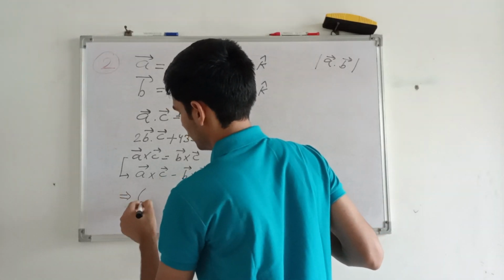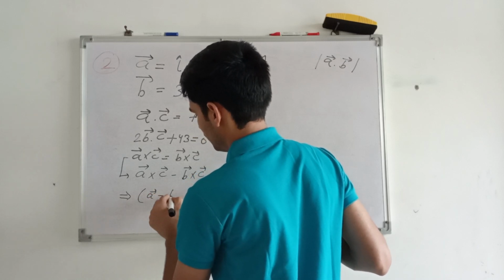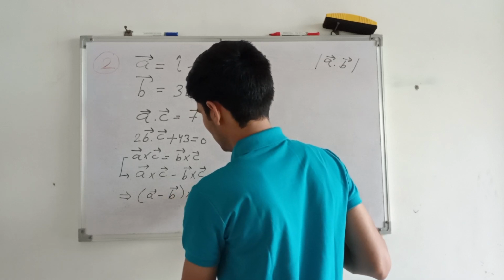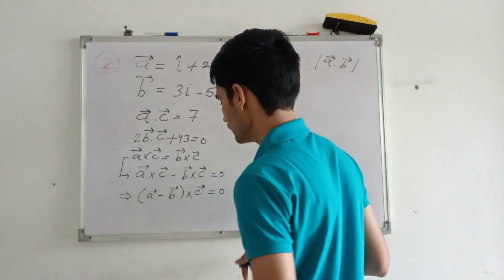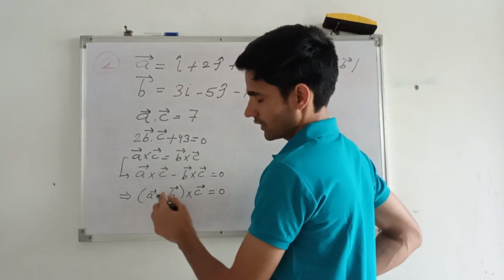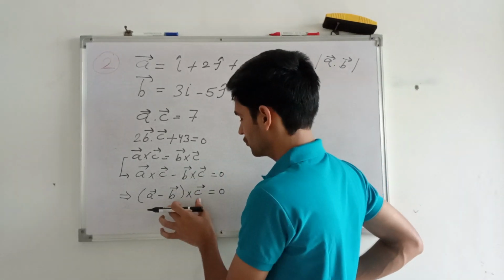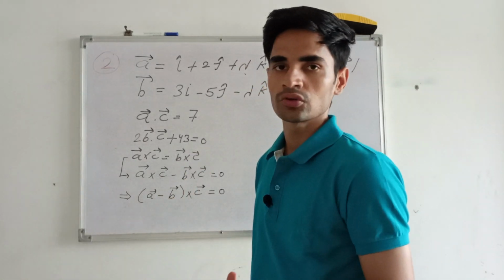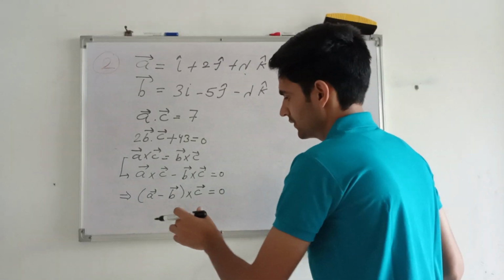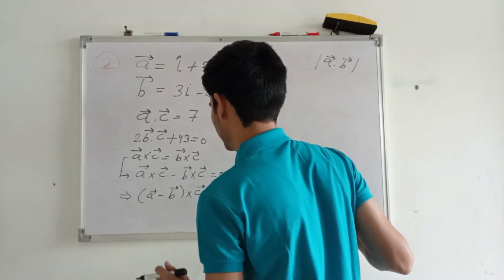We will get (A vector minus B vector) cross C vector. So you can see A minus B is one vector, C is another vector. Cross of these two vectors is 0. So when is the cross of two vectors 0? When both the vectors are parallel. That means A minus B is parallel to the vector C.